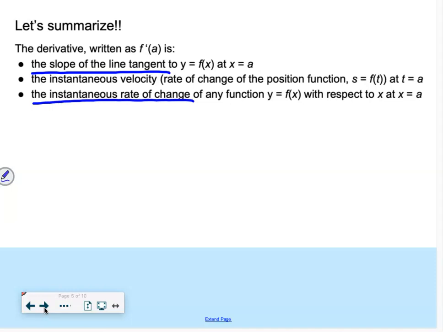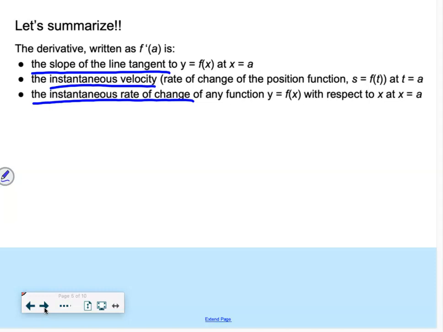Now, the book really emphasizes motion a lot. So they included in their summary, hey, if your function represents position, then the derivative gives you instantaneous velocity.